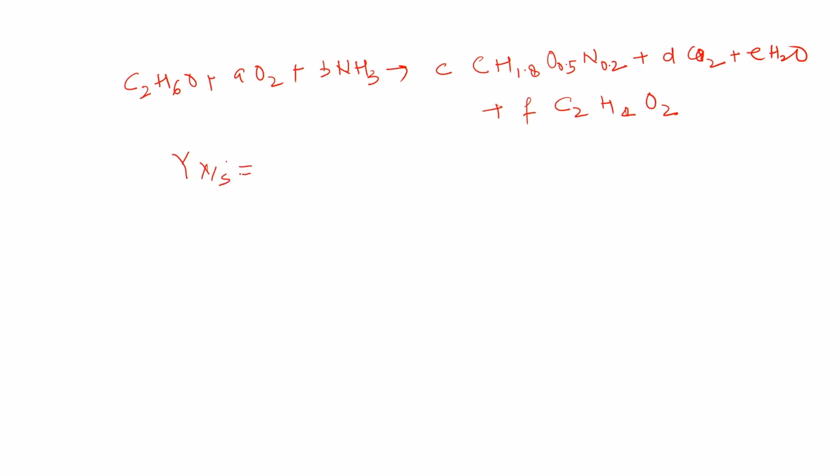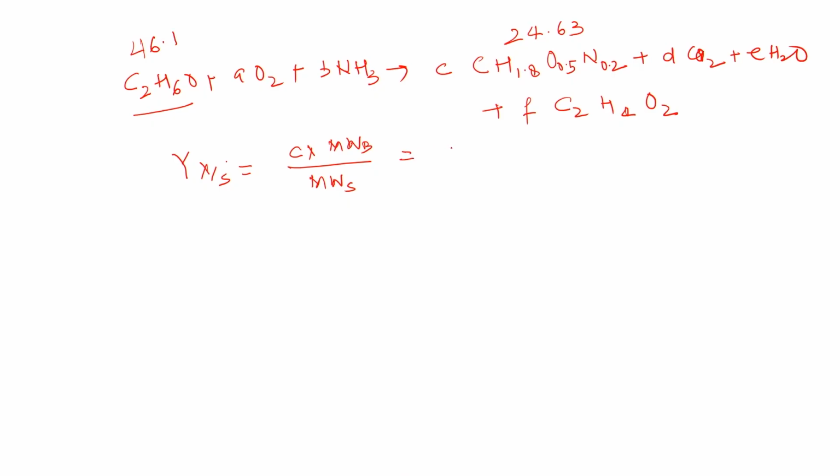What will Y x by S be? It is how much biomass is formed: C into the molecular weight of biomass divided by the molecular weight of your substrate. The molecular weight of biomass is 24.63, and the molecular weight of your substrate is 46.1.